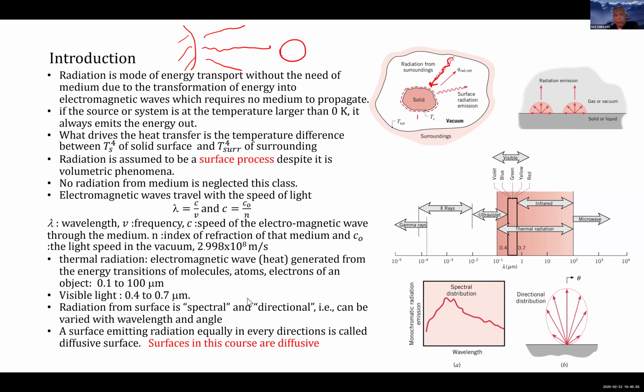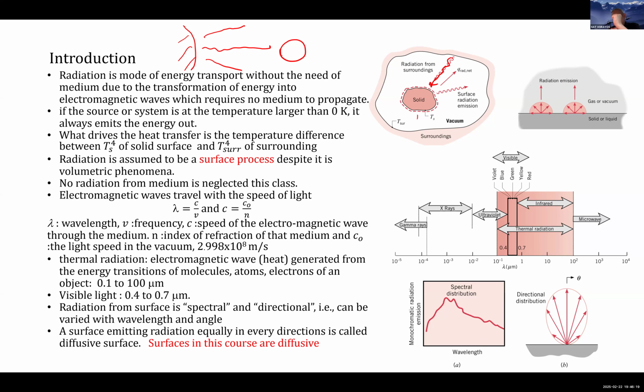So then when you have the object, meaning you have a 3D object, the surface of the object has its own temperature. Each part of the surface will emit energy out. Okay?